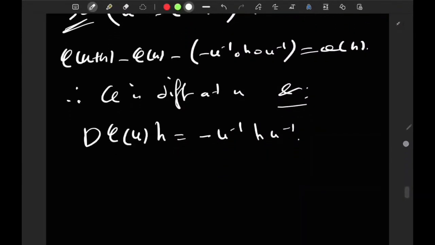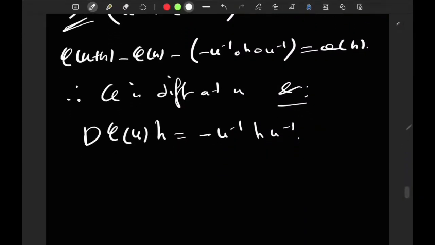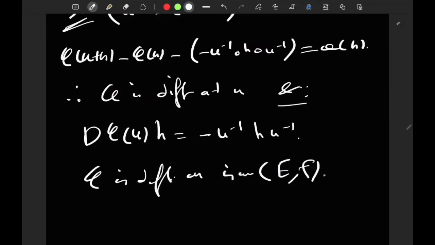Okay, this is the first step of the theorem. Since u was arbitrary, this means that phi is differentiable on all of isom EF. There were no special conditions on u. So phi is differentiable on isom EF, and its derivative is given by this formula.